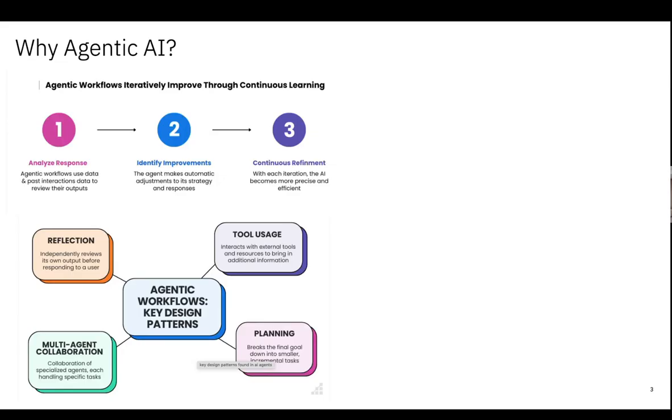Right? And there are many different agentic workflow patterns. The first pattern is the reflection pattern, which is what I've been talking about earlier, where it reviews its own output before responding to a user. The second pattern is connectivity and using different tools to perform its job. The third one basically is the multi-agent collaboration.